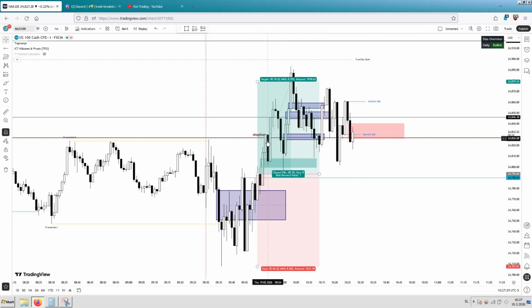Once the price reached 0.5, I took half of the position off, but I didn't move the stop loss because I was waiting for the price to go higher, which it also did. Luckily I wasn't stopped out. And then I saw that the price was moving lower and lower, and it started to inverse a lot of fair value gaps. So then I just took the position out for a little bit extra profit. So yeah, that was basically it.